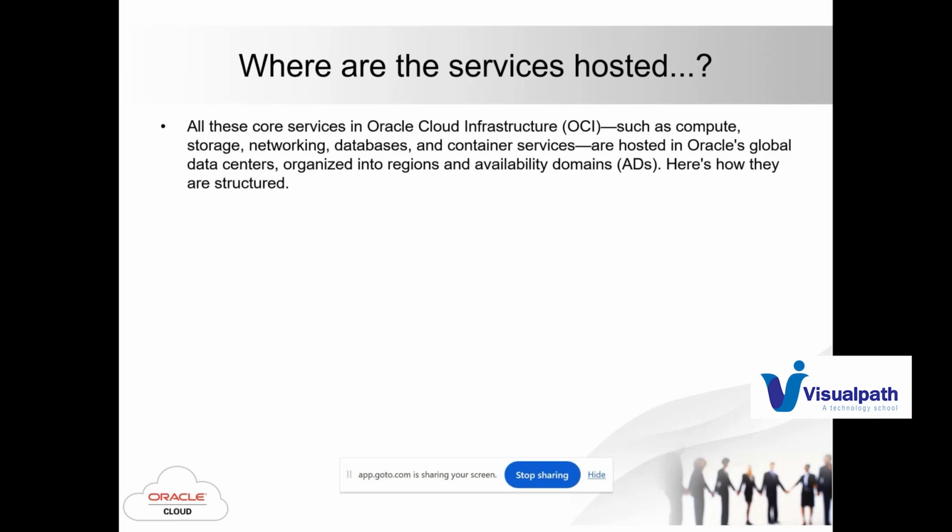So basically, all these services are hosted at Oracle's global level, which we call data centers. These data centers are hosted across the globe. We have many data centers present, and these data centers are divided into regions. So you can say we have OCI in Hyderabad, OCI in Mumbai, OCI in East and West US, and Singapore and all.